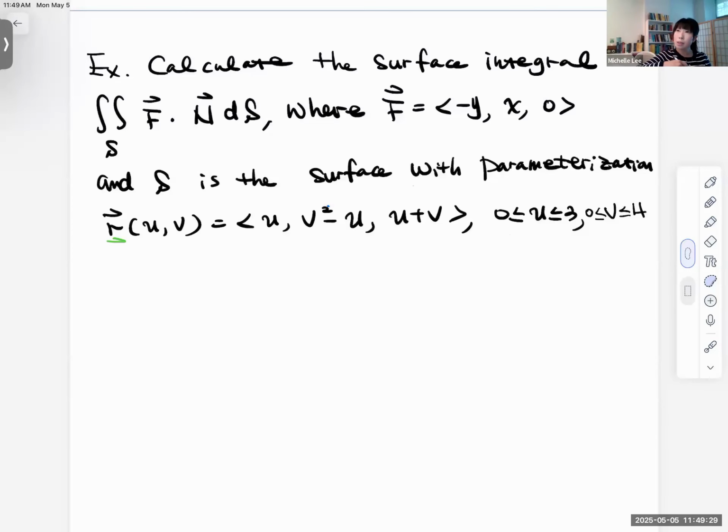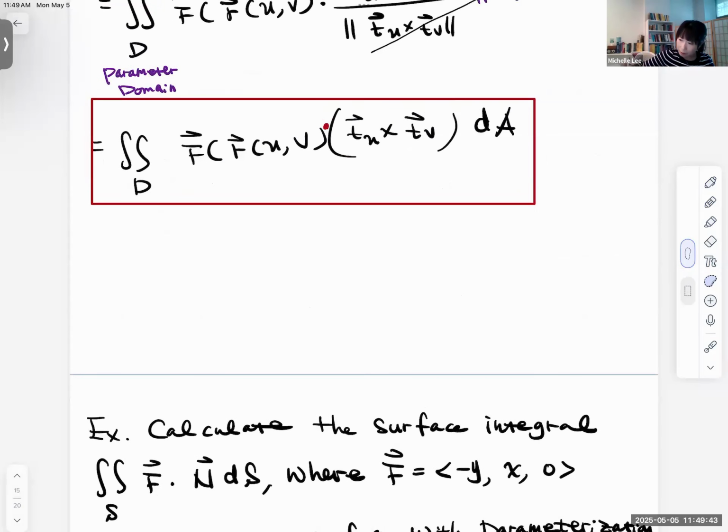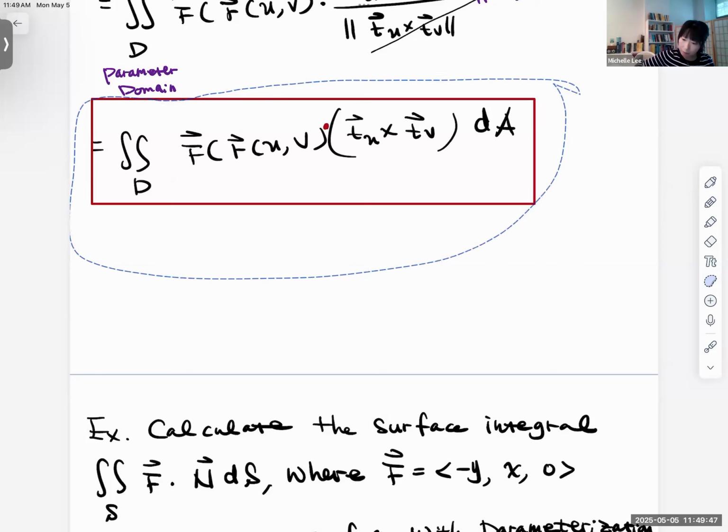Okay, so this is the last question: calculating the surface integral of that. We are using the formula here, with the dot product between them.